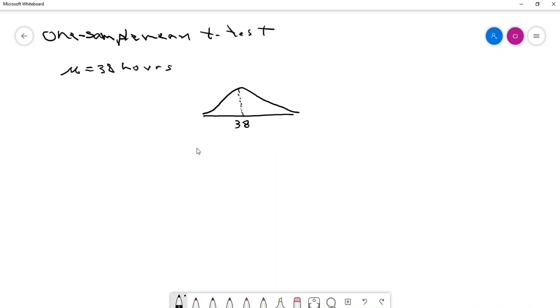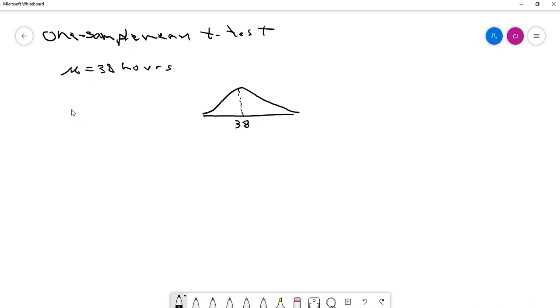Ford is going to go in and make some modifications to the assembly procedure and then see if this 38 changes based on that. The original claim, we know is true, but will that change? We can see that maybe through the sample.